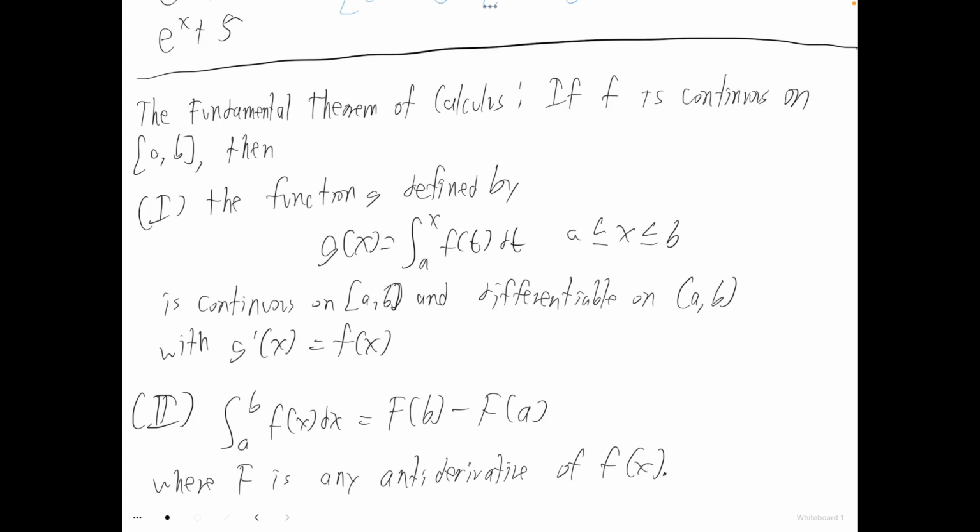So this is the Fundamental Theorem of Calculus. And so the first part you can kind of interpret it as saying is if you take the integral of a continuous function and then differentiate it, you get back the end result. So taking the integral and then derivative, they undo each other. The second part says if you take the derivative and then the integral, they undo each other.